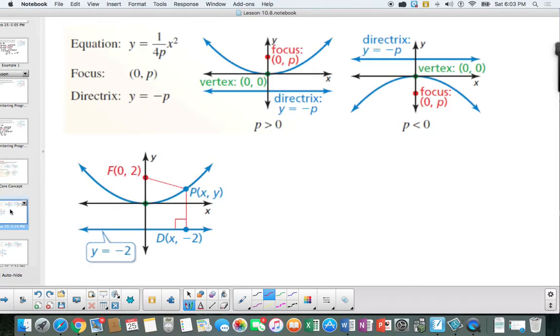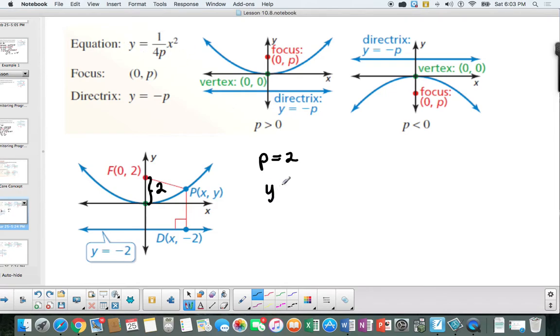Okay, let's go back to those two problems where we used the distance formula and see if I can use this brand new way to write the equation and not go through so much work. So the first thing I want to do is examine what p is. Now this is always p, the distance from the focus to the vertex, and that's 2. So I know that p is equal to 2. Now I know the parabola is going up, so parabolas going up have this format right here.